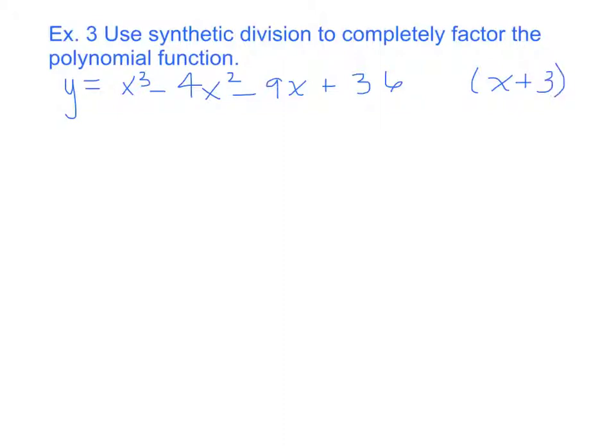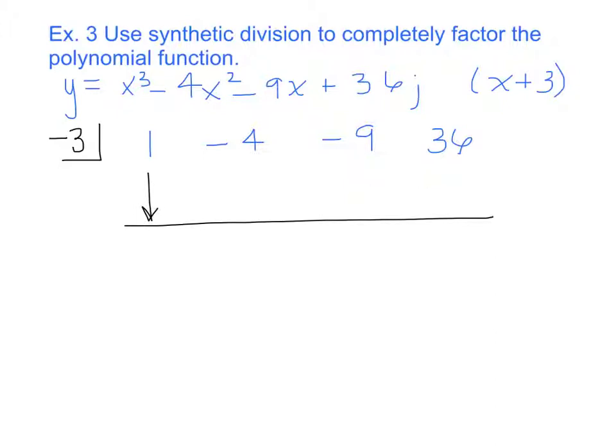And they're going to give us one of the factors. So I'm going to set up my synthetic. Remember, my divisor would be the opposite, which would be -3. I'm going to list my coefficients. Make sure nothing's missing. 1, -4, -9, and 36.